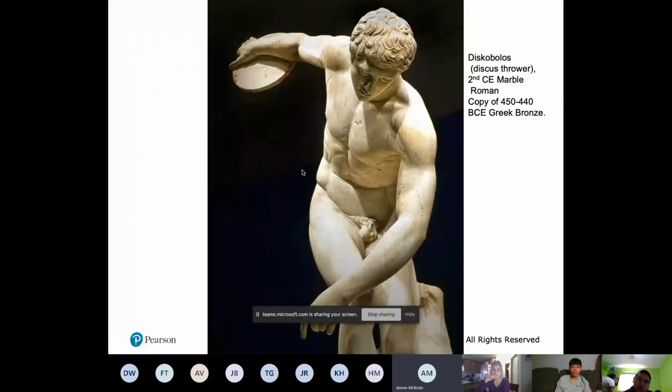The Greeks were really into showing idealized form. So they tended to sculpt and paint images of people in their 20s, because that's when you're at your peak of your beauty, I guess, according to them. The males were generally muscular figures, and the females had some softer, more curvy aspects to them.